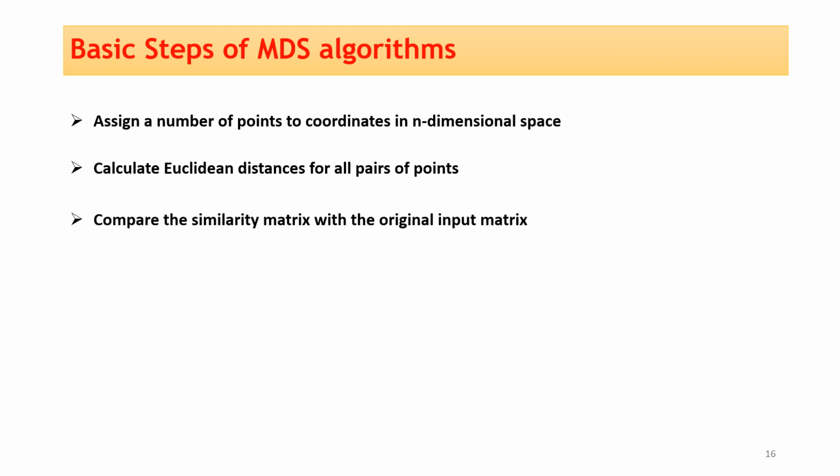Then the third step is to compare the similarity matrix with the original input matrix by evaluating the stress function. Now the stress is the goodness of fit measure based on the differences between the predicted and the actual distances. And the last step is to adjust coordinates if necessary to minimize the stress.